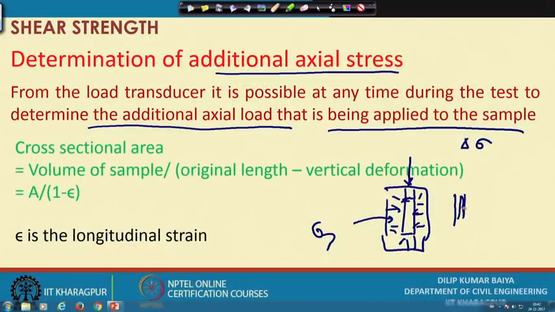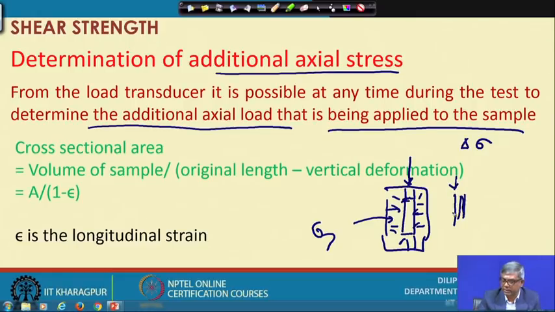So, suppose I have applied some amount of stress. If I consider the original cross section, we will get some value of stress. But if I consider the change, suppose initially the diameter was d 1 and later on the diameter changed to d 2.